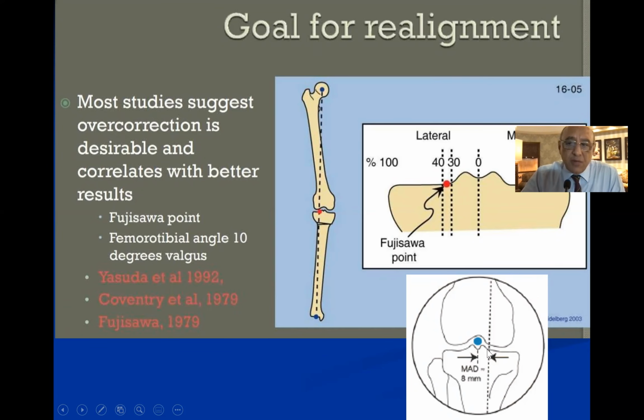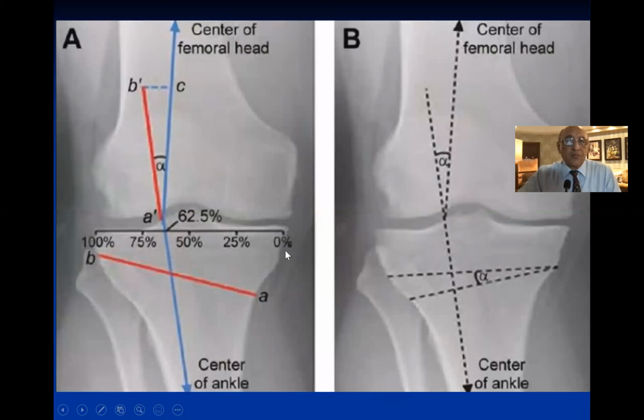Shifting the mechanical axis from this point on the medial side to this point on the lateral side makes an overcorrection of 6 degrees. So we can take the mechanical axis of the femur, not to the center, but to this Fujisawa point, and we make the mechanical axis of the tibia from the center of the ankle to this Fujisawa point, and then we get this angle alpha.